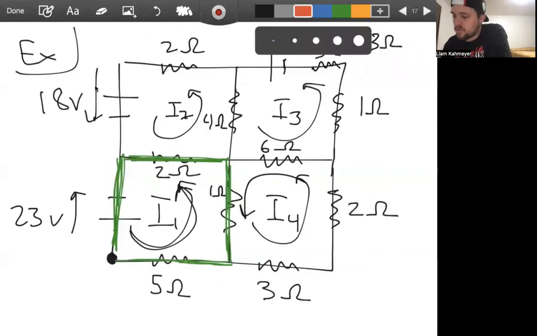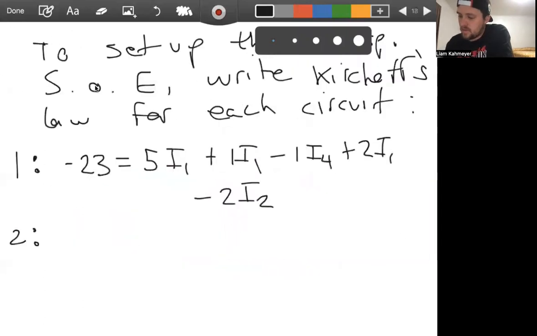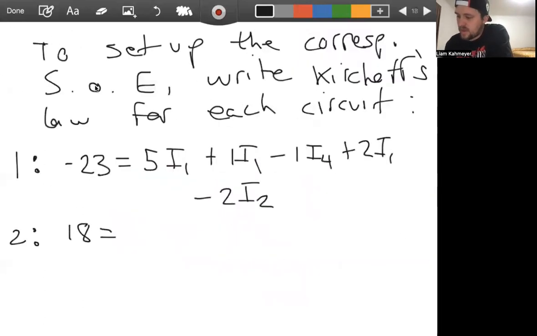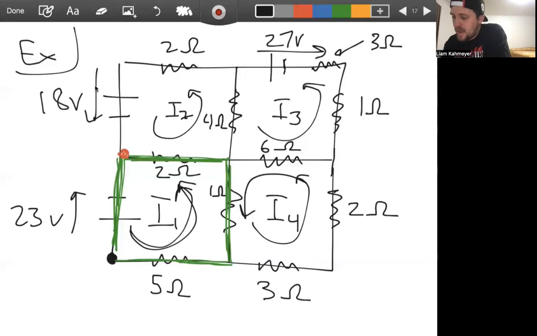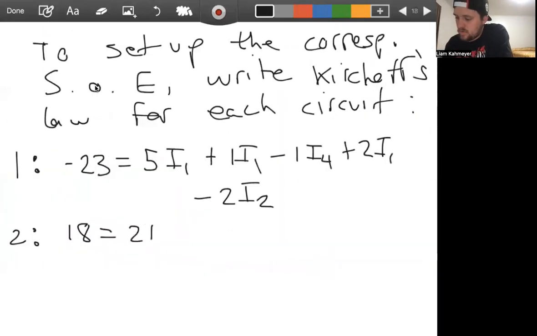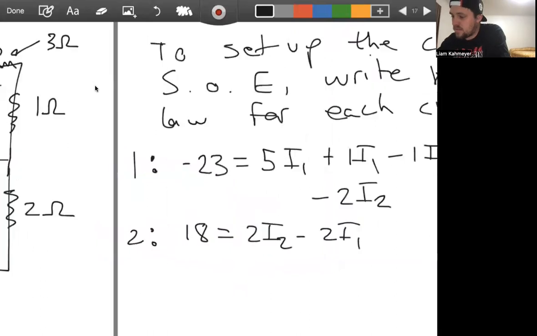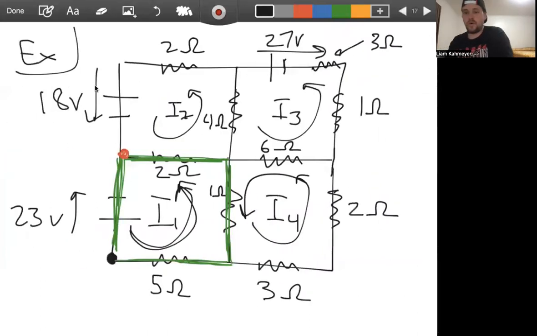Now let's look at I2. If I'm starting here, I notice the current and the voltage are in the same direction. So that will be positive 18. And then we're going to have 2I2 minus 2I1, because it's a resistance of 2 ohms, and I1 and I2 are in opposing directions.